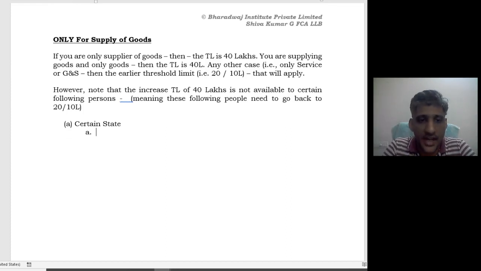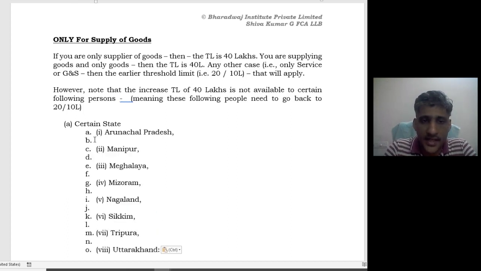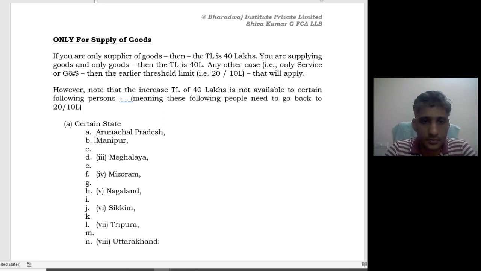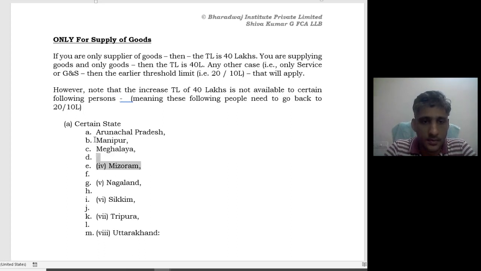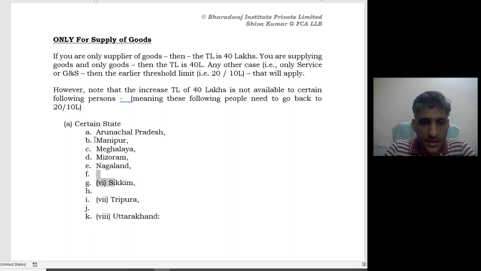What are the certain states? Arunachal Pradesh, Manipur, Meghalaya, Mizoram, Nagaland, Sikkim, Tripura, Uttarakhand.